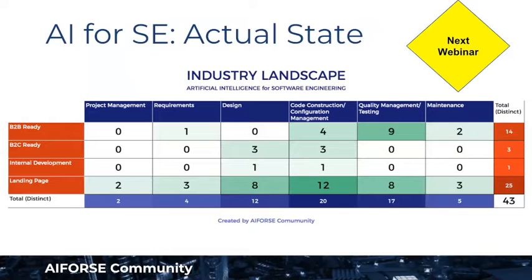So you have a really good baseline, because as I already mentioned, AI is basically about mathematics and statistics, so you need to have the data, and GitHub perfectly provides that data for you.